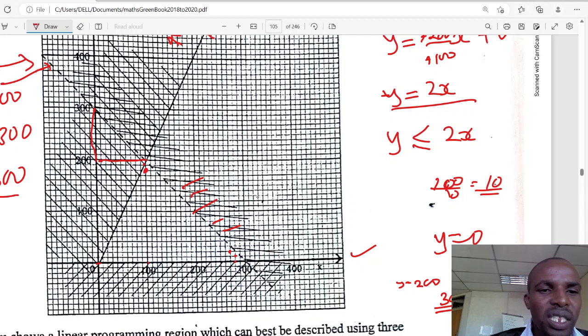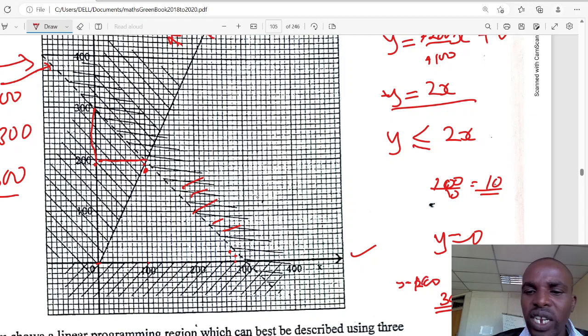So it's 200 plus. Is it 200? Wait. It's this part. It's actually 1, 10, 20, 30, 40. It's 190. That is inside. Let's take 190, because 200 is on the dotted. So the dotted, we don't include it. So just include the bold one. So it's 190 and 100.